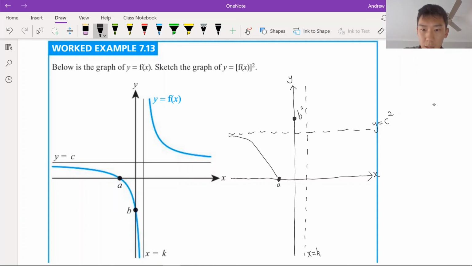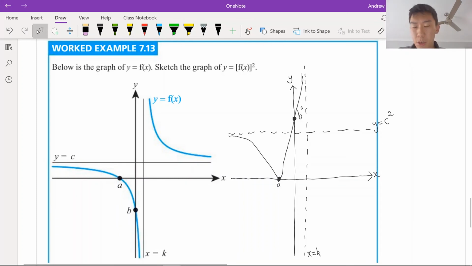And that's not going to approach that asymptote.